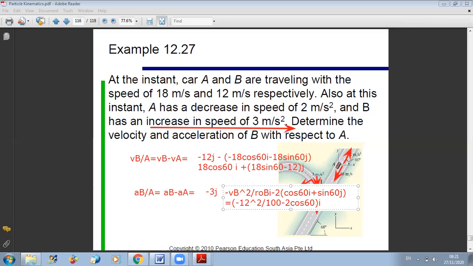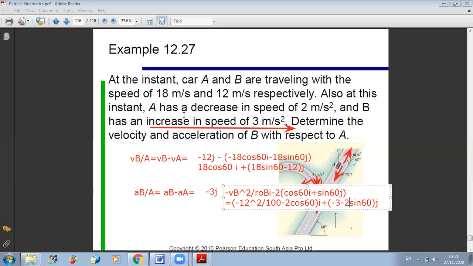And now the component along j: I have minus 3, and from the other side minus 2 sine 60, so minus 2 sine 60 along j. As you can see, I have a negative component along i and j, so I am in the third quadrant.